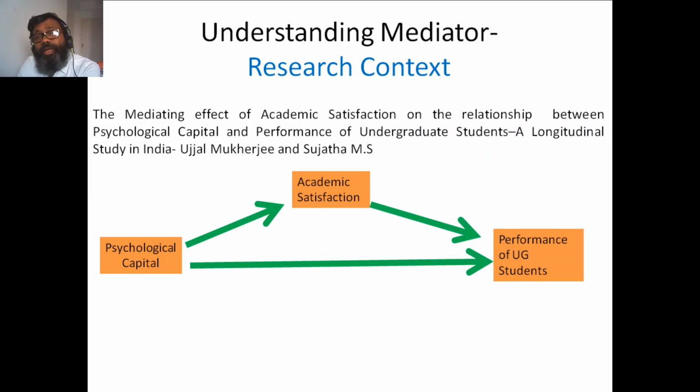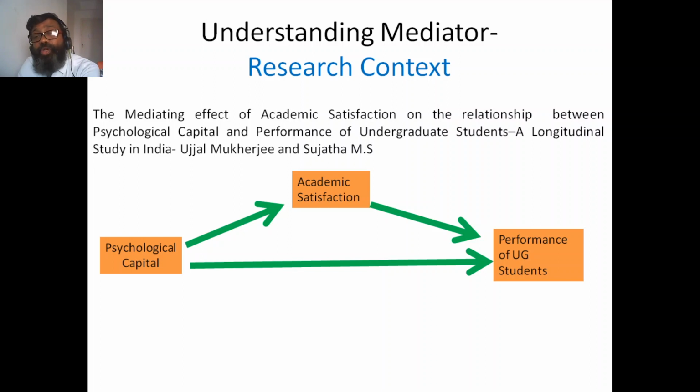But sometimes what happens is that this horizontal path, the direct arrow between psychological capital and performance of undergraduate students, is totally insignificant. So there is only one path. One path means how psychological capital can influence performance of undergraduate students. There is only one path, which is via academic satisfaction, which means psychological capital will influence academic satisfaction, which in turn will influence performance of undergraduate students.